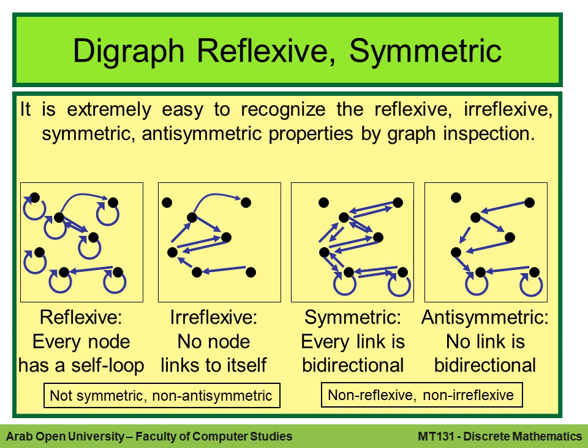Symmetric means every link is bidirectional. If A is related to B, then B must be related to A. Every time there's an arrow from A to B, there should be an arrow from B to A. Antisymmetric means no link is bidirectional, and you don't want A related to B and B related to A. There will not be any links that are bidirectional.